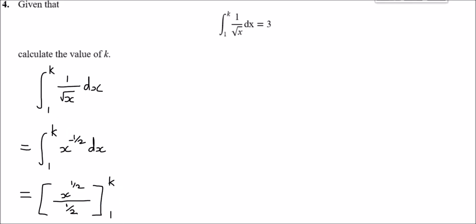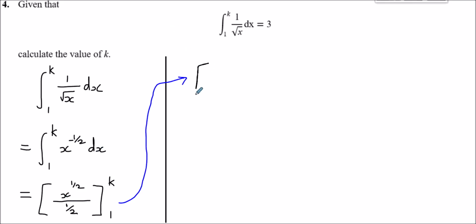Bit more space needed. Could just scroll down, but I'm feeling a bit lazy. Okay, so x to the half divided by a half, we can fairly obviously make this a bit neater and just say anything divided by a half is going to be 2. So we've got 2x to the half between the limits of k and 1.